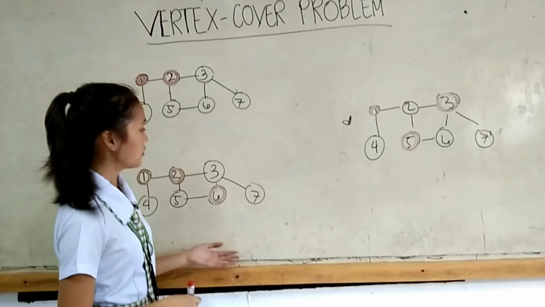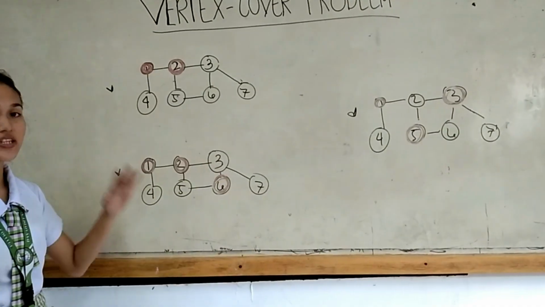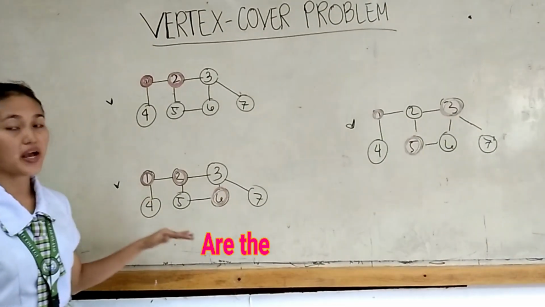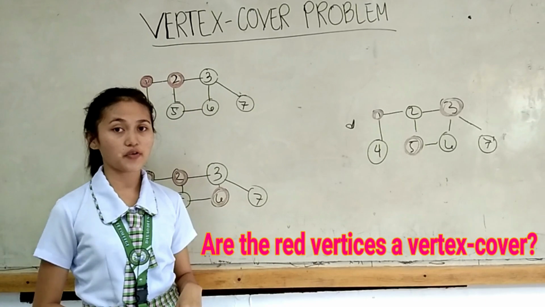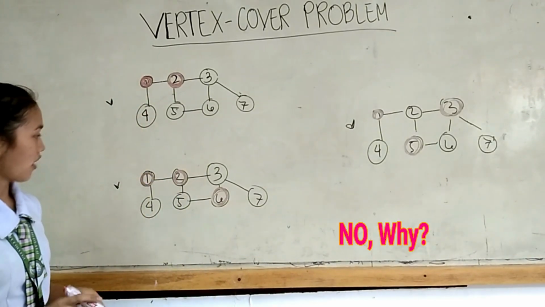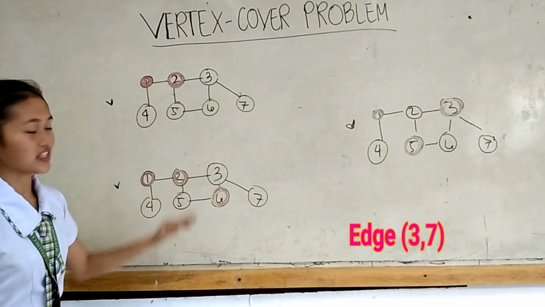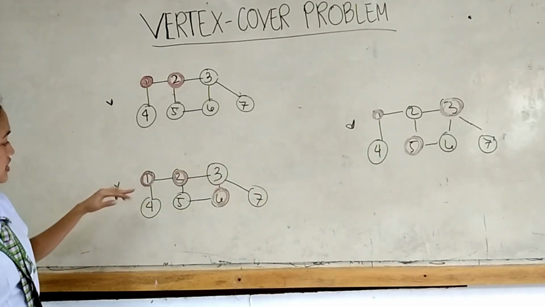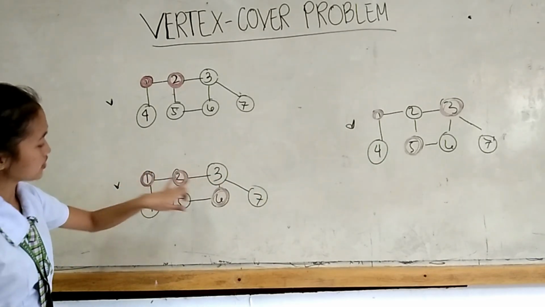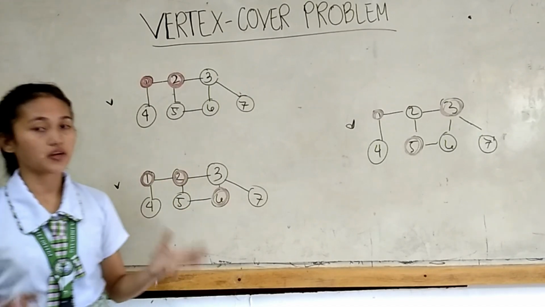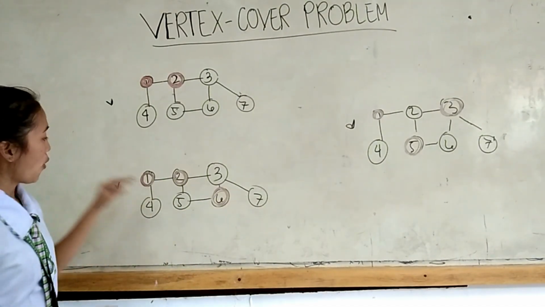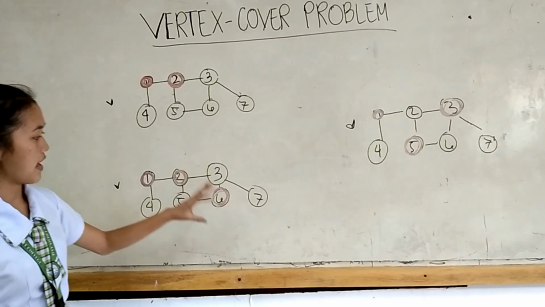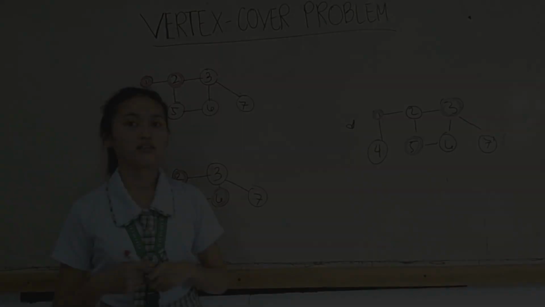Let's take a look at another example. Example number 2: are the red vertices a vertex cover? No, because edges 3 to 7 are not covered by it. Only this edge is being covered by vertices 1, 2, and 6.